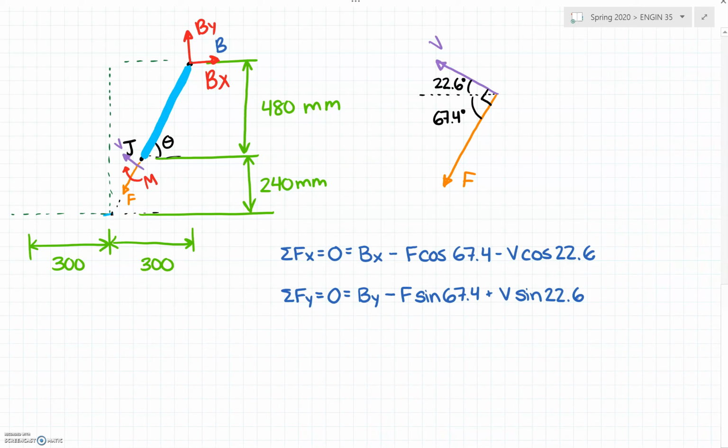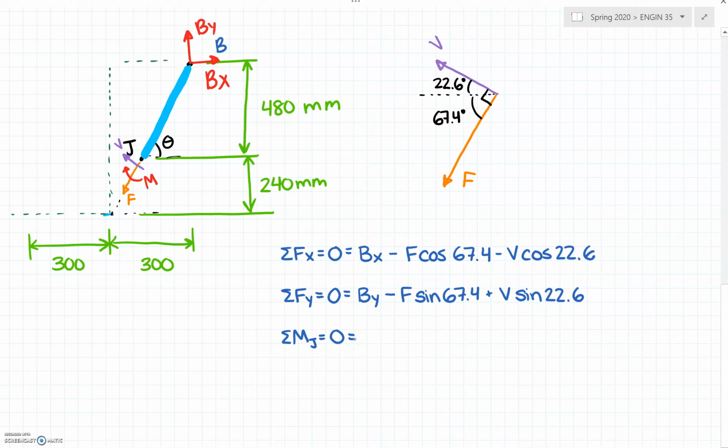Lastly, I'm going to sum the moments about some point. Remember that if I have a point moment like this, the moment is the same everywhere, so I could take the moment about any point on this free body. I typically prefer to take the moment about the cut, this point J that's of interest.